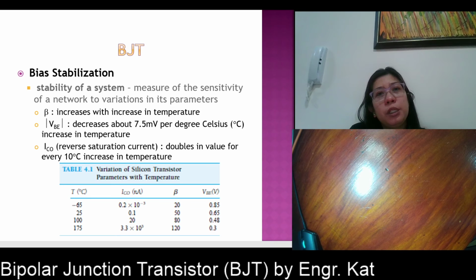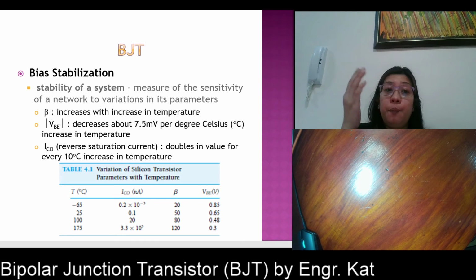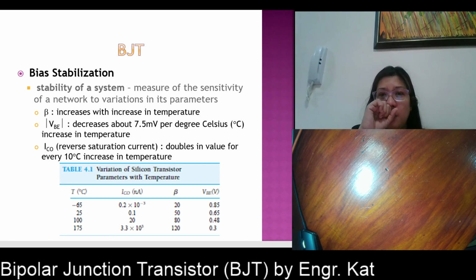When you use your transistor in a circuit, the tendency is for your circuit to heat up, so that means increasing temperature. So your VBE actually is not just equal to 0.7. VBE likewise is affected by temperature. So all of them are actually temperature dependent.